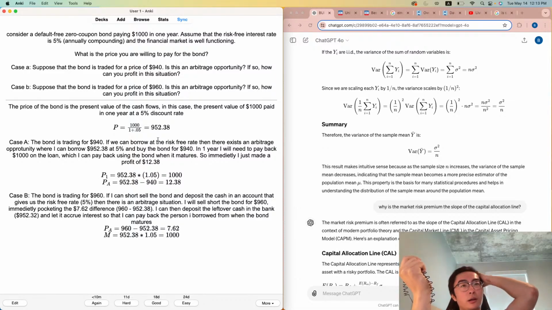But yeah, in 1 year you need to pay back $1,000 on a loan, which you can pay back using the bond when it matures. Okay.